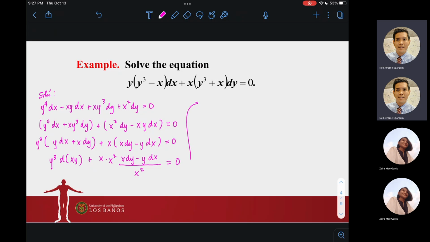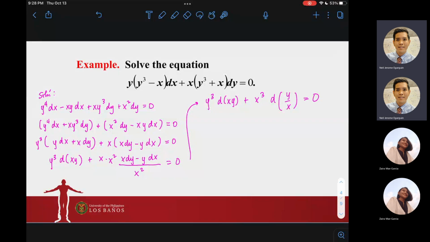Okay? So what will we end up with? So tingnan natin. Kakaroon ako ng y cubed dxy plus I'll have x cubed derivative ng y over x. Ito ay equal kay 0. Okay? And then now I'll try to separate the variables.